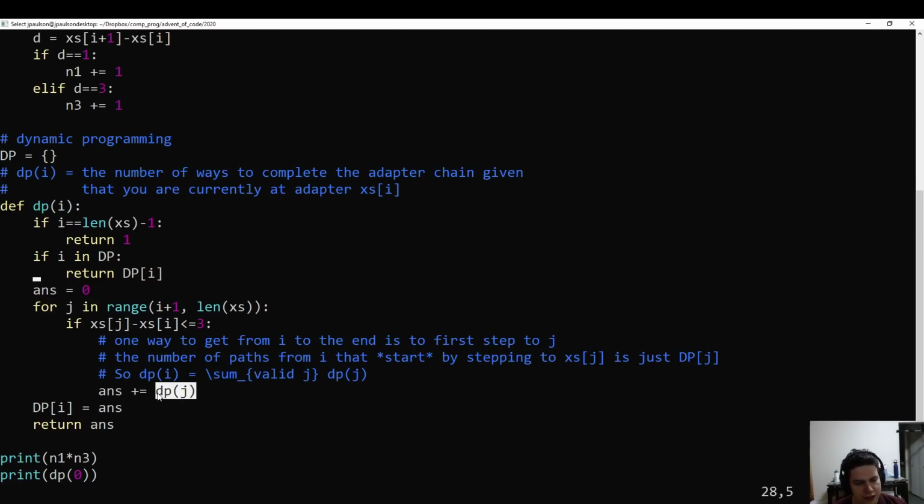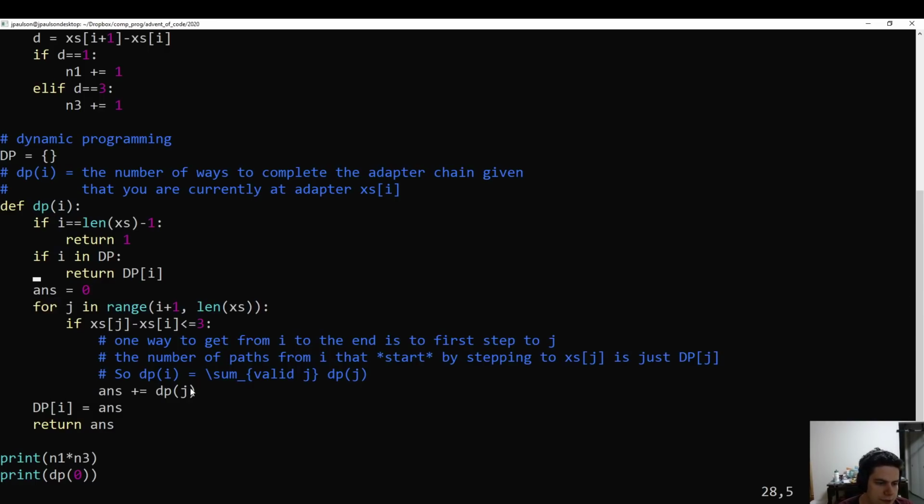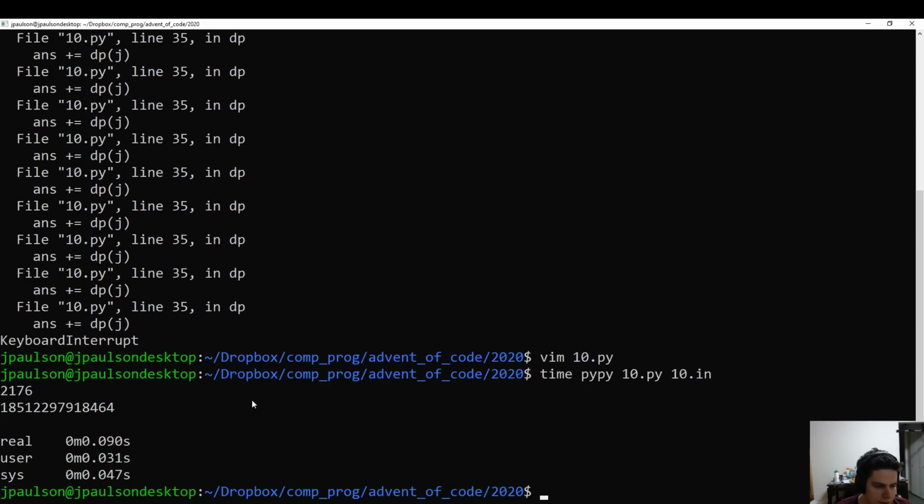And this part, we're already counting that in the 100 times that DP runs. So that's the way to think about the running time of DP: how many times do you call the function, how many different states or inputs there are, and how much non-recursive work do you do in the function, which is just here. So that gives the n-squared solution to part 2, which runs super fast, right? A fraction of a second to count to 18 trillion.